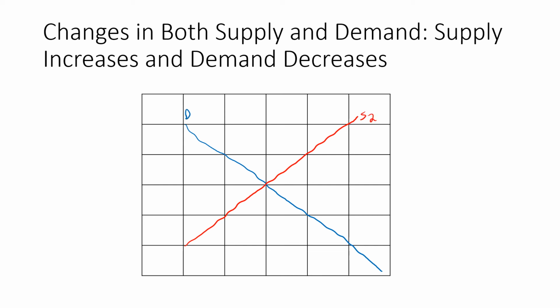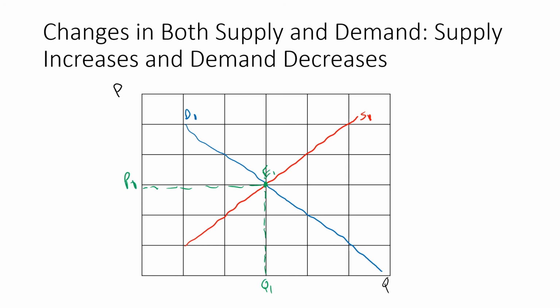So that's supply, oops, my mistake. That should be supply 1. This should be demand 1. This should be quantity. This should be price. Okay, here's our equilibrium point, E1. Little dashed lines, quantity 1, our starting quantity, price 1.